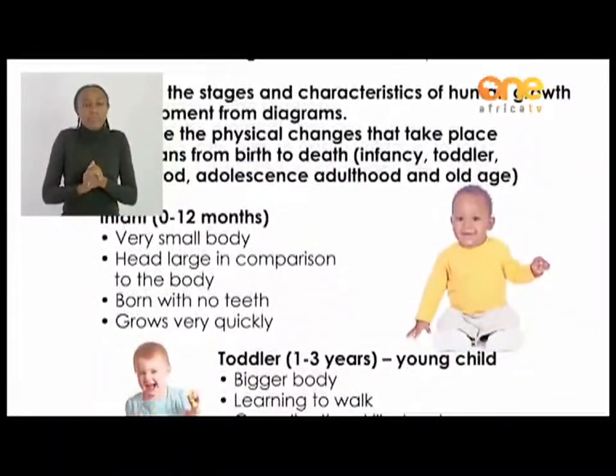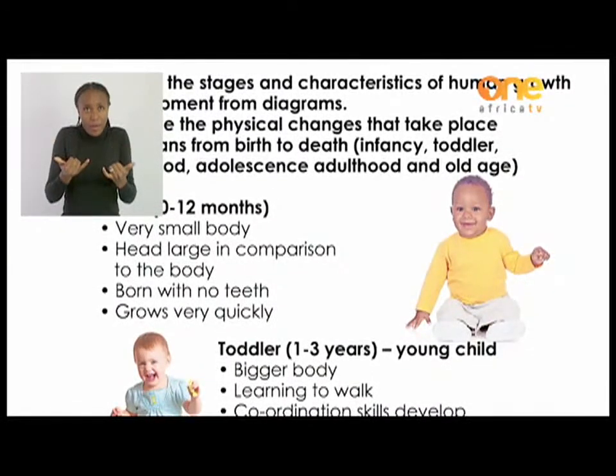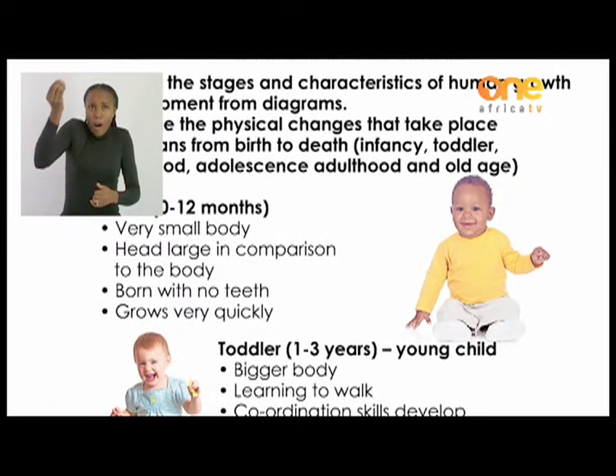Let's go back to our competency, which is on page 16, which says we will be able to identify the stages and the characteristics of human growth and development from the diagram. We are studying the very first stage of life. Everybody, all of us, no matter how big or small we are, at one point in life, we are all infants.